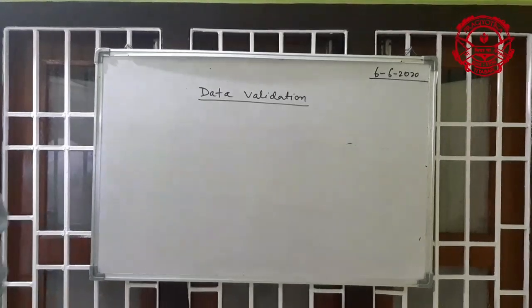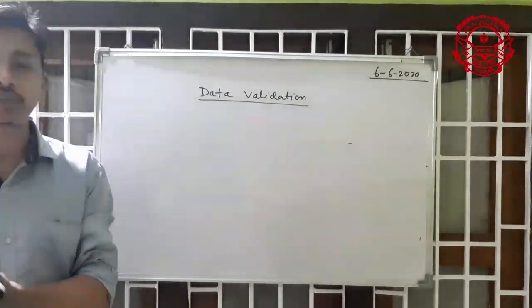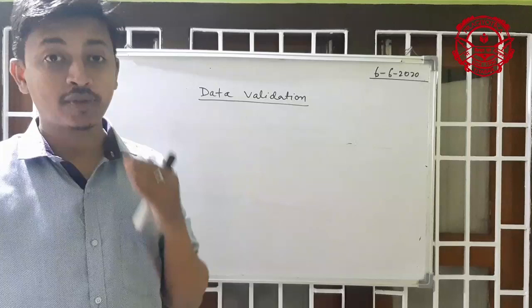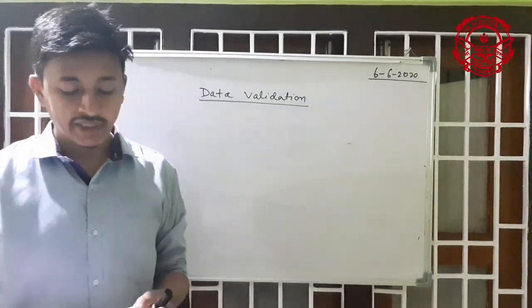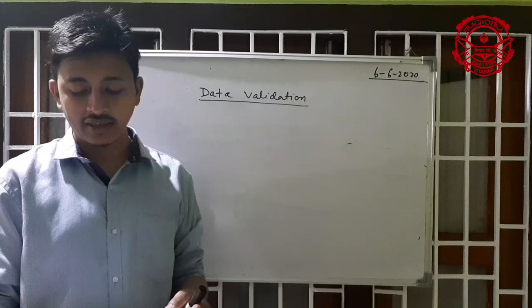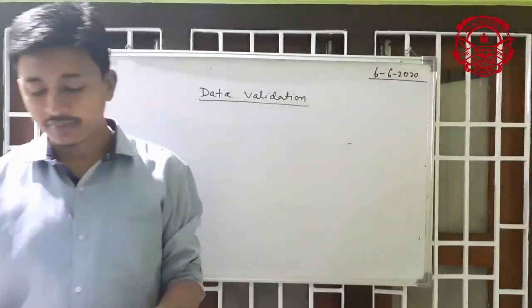In the book, you can see data validation means what? First, we have to know what data validation actually is. In the book, you can see data validation enables you to limit the values that can be accepted in a field. Okay? It means what?